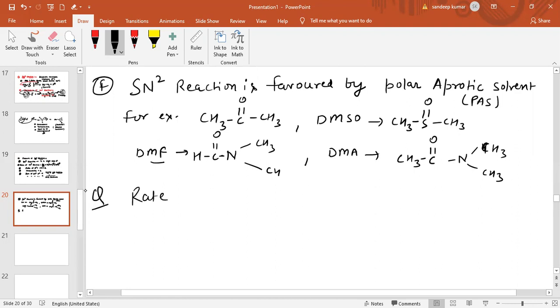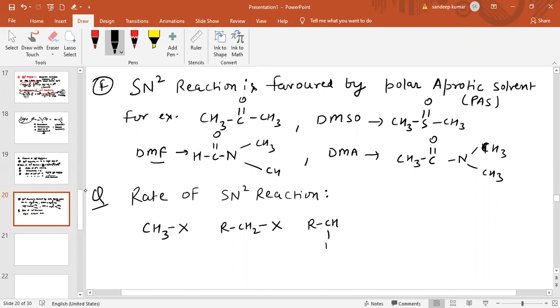Rate of SN2 reaction for the following compounds: one of them is CH3X, another is RCH2X, another compound is RCHRX, and another compound given is RCRRX.